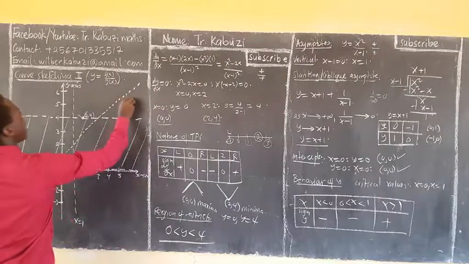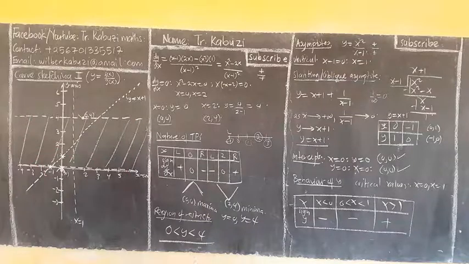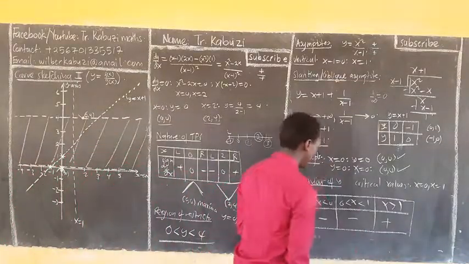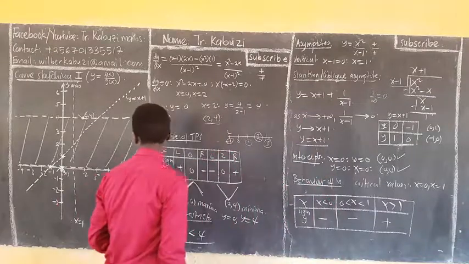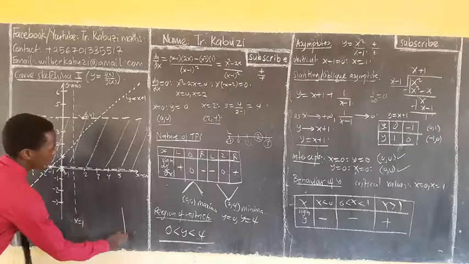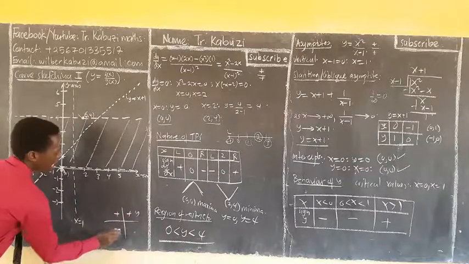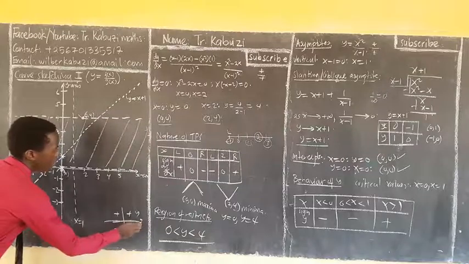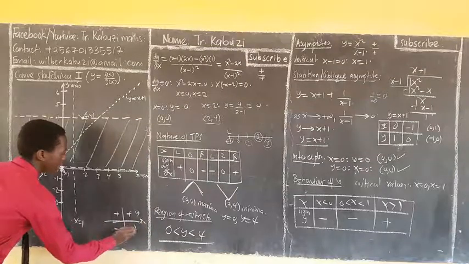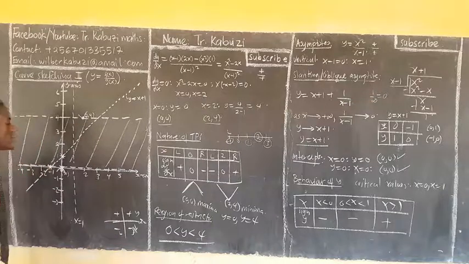So it's the line y equal to x plus 1. Now, as I told you, below the x-axis we have negative values of y, and above we have positive values of y.